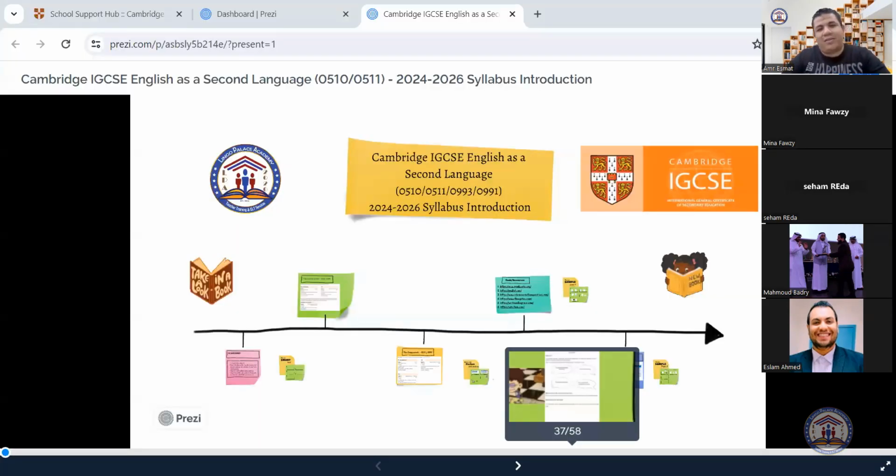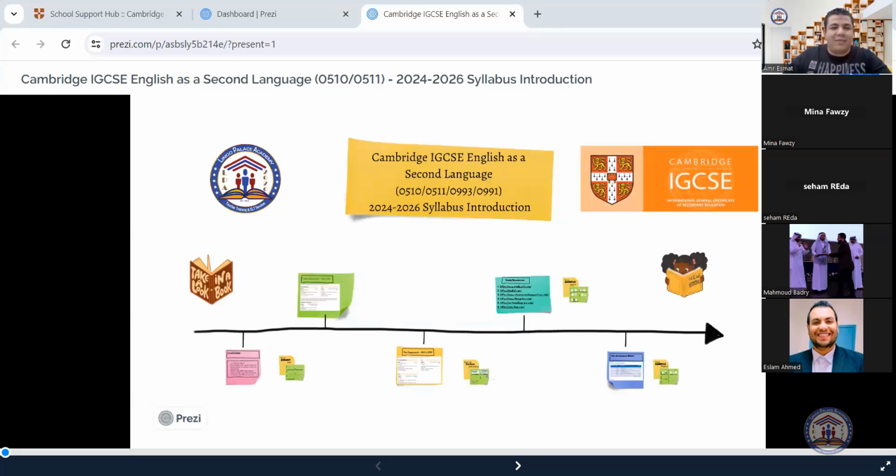So our session's title today is Cambridge IGCSE English as a Second Language. As you see here, you will find the codes 0510, 0511, 0993, 0991, and also the 2024 to 2026 syllabus introduction.